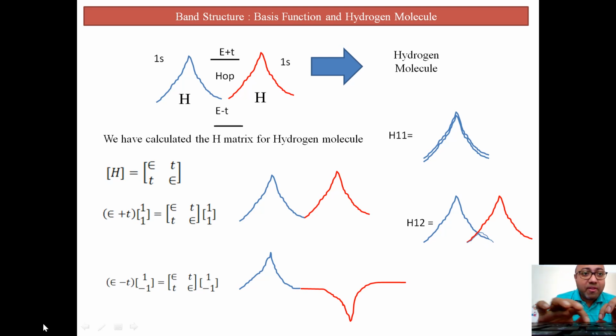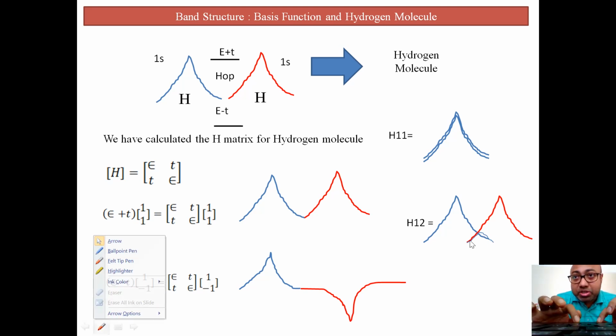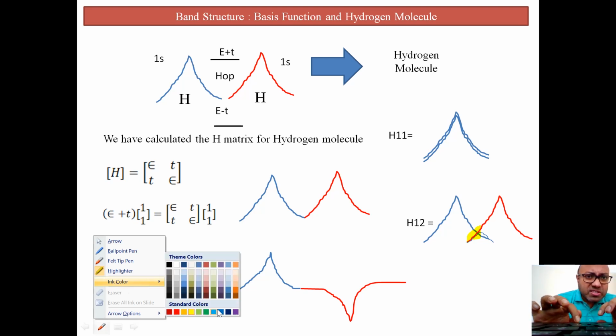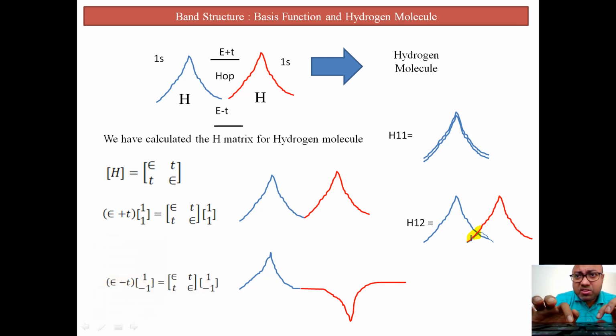Only this portion is actually important, the equivalent part, because here we are multiplying. And how to write H12 we know. This is something called T. We have represented it by T. Now you go to the next slide.